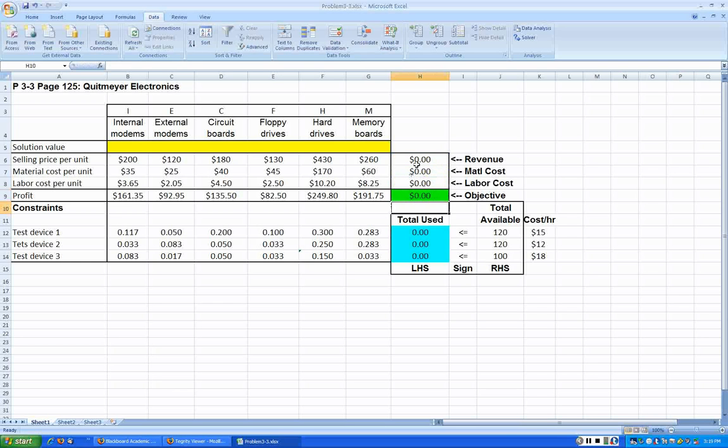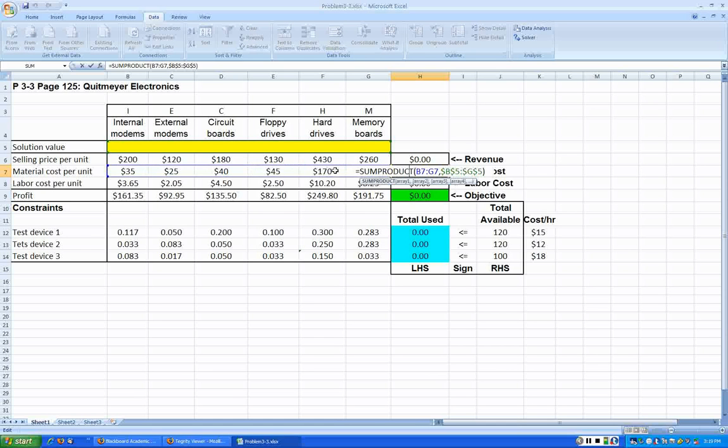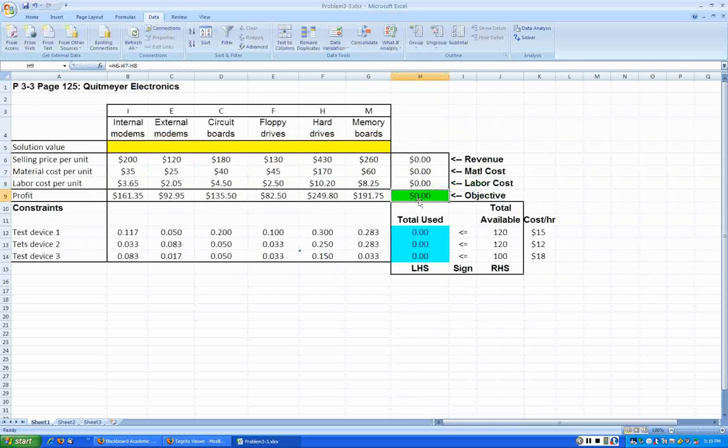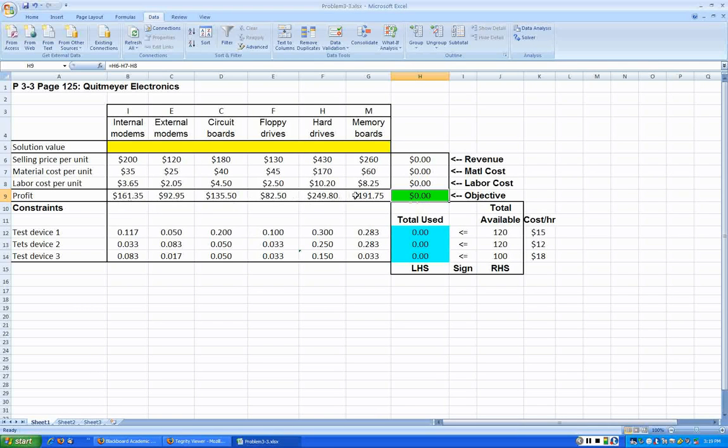For example, revenue is the sum product of the units you produce times the respective selling price. Material cost is the sum product of how many you make times their individual material rate, and likewise the labor is the sum product of the same thing. Then revenue minus the total cost is the profit, or you just multiply this row with the solution value row as we used to do before.